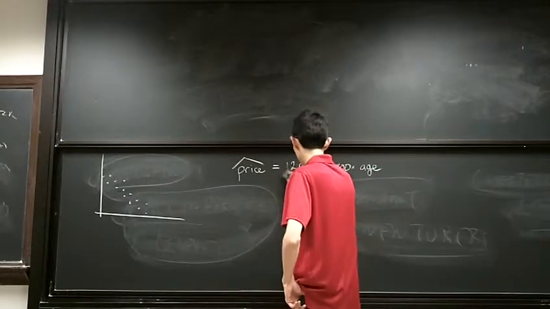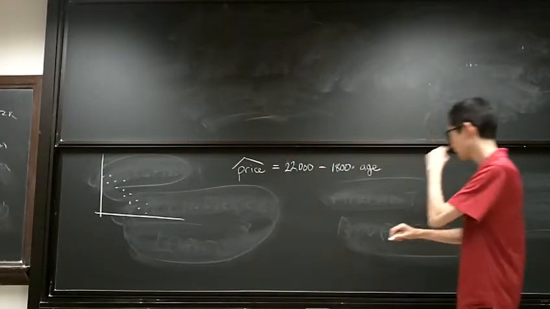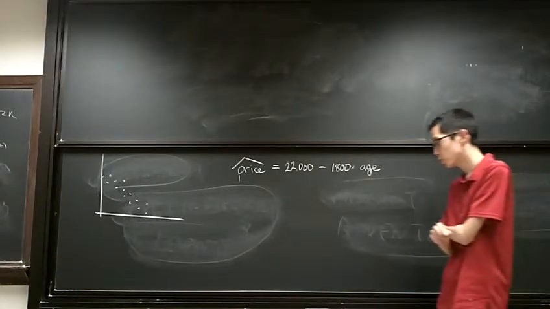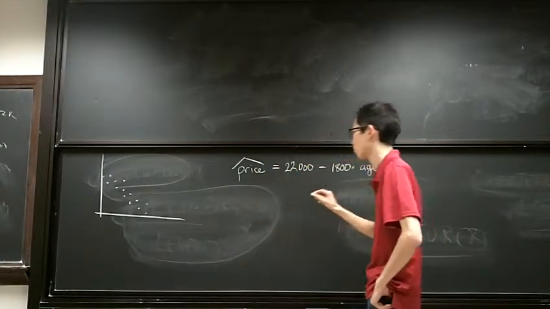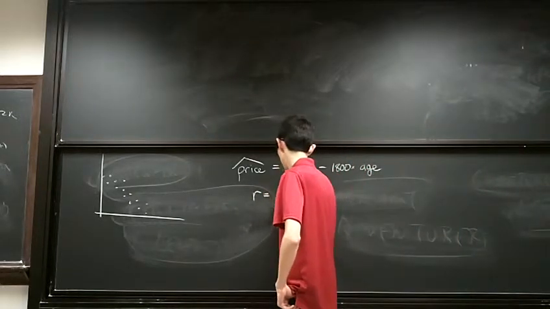Actually, let me just change this to 22. Okay, 22,000 minus 1,800 age, all right, age in years. Let's say R equals 0.8.